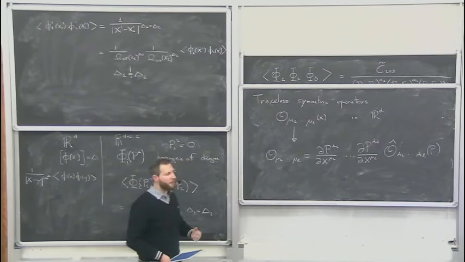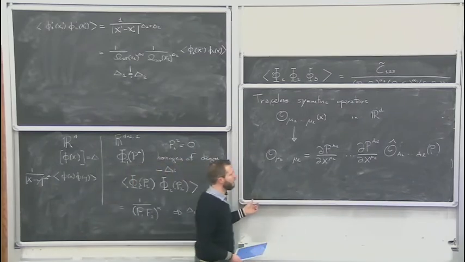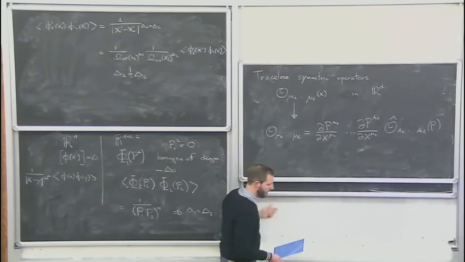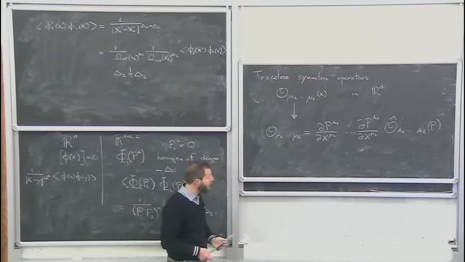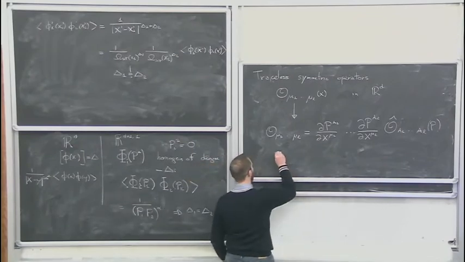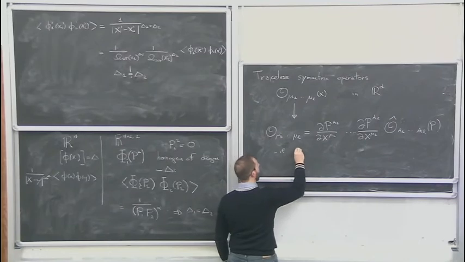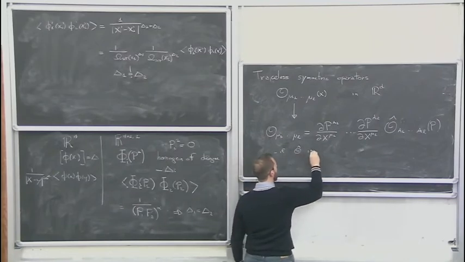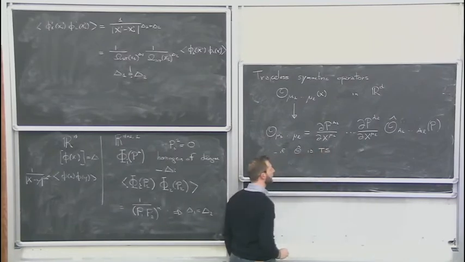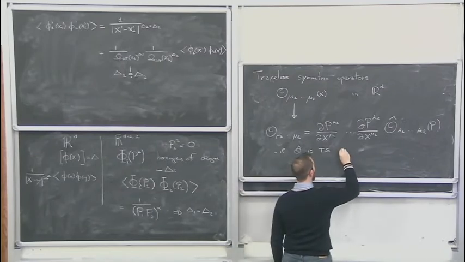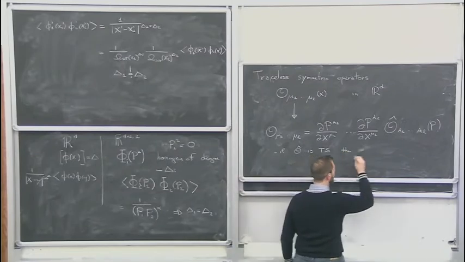So you can perform a bunch of checks that this is a correct prescription. First of all, one check is that if O hat is traceless symmetric, the same is true for O.